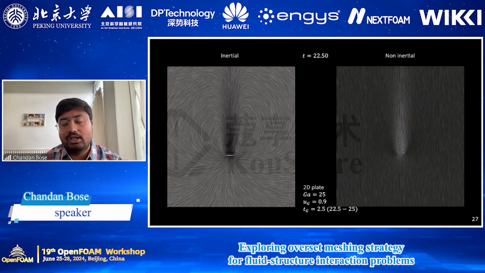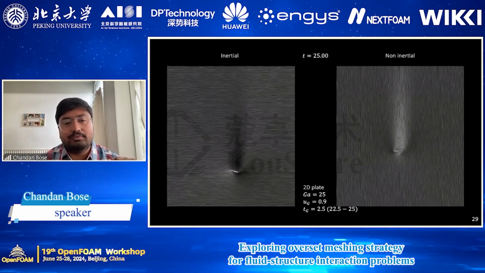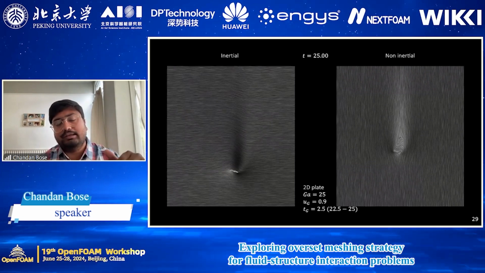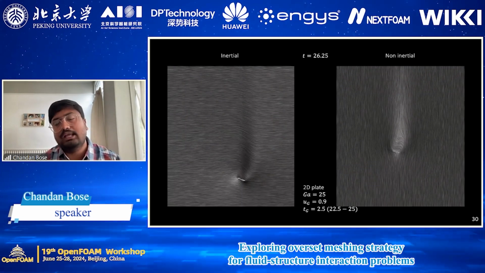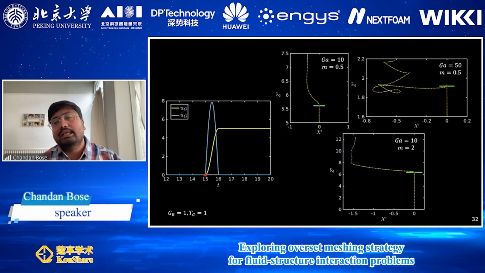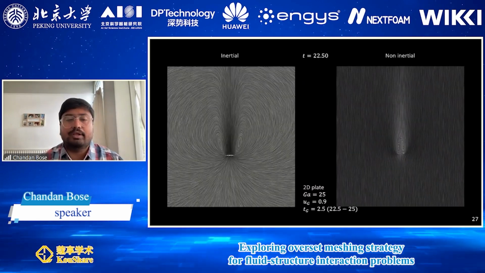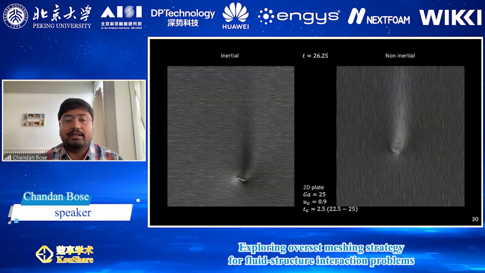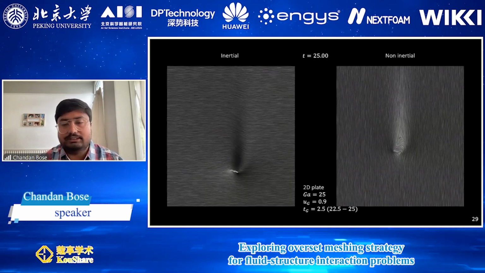You can see how the plate falls when subjected to the gust, and how it moves in the non-inertial frame. So this gives you a better idea of what we are trying to achieve.